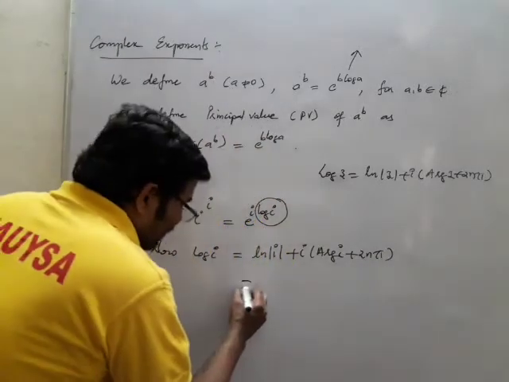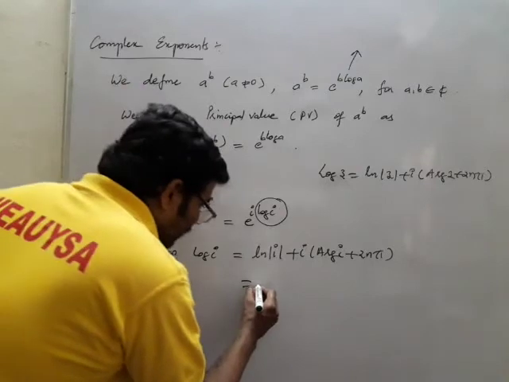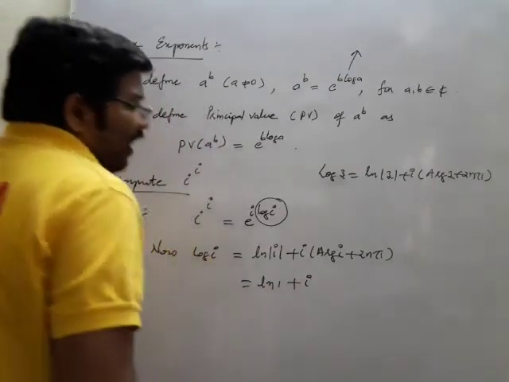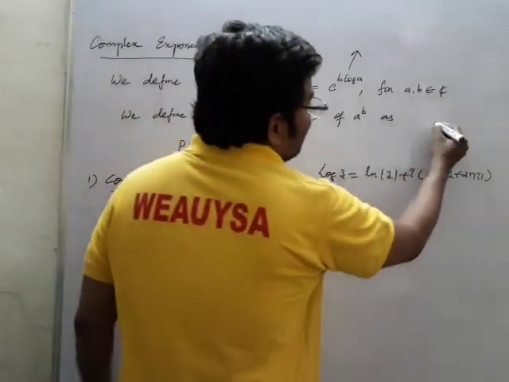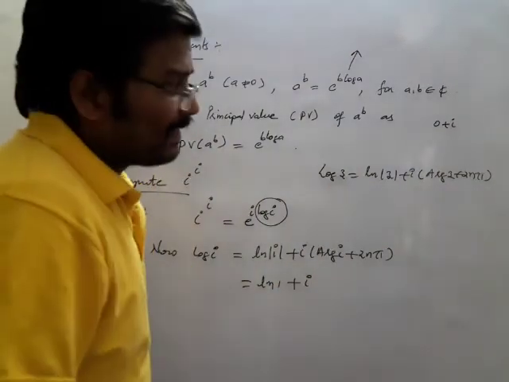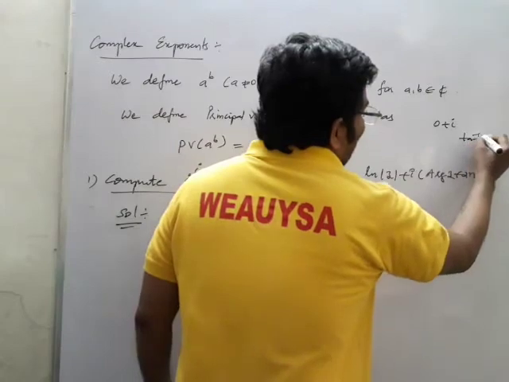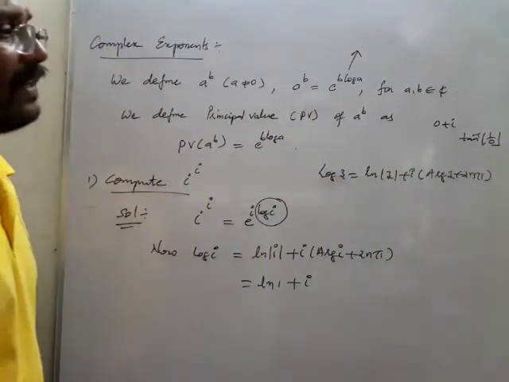Now this is ln of mod i, which is anyhow ln of 1, plus i into argument of i. i is not given as a complex number with both parts; it means 0 plus i, the imaginary part is given, the real part is not given. So tan inverse of 1 by 0, which is infinity, tan inverse infinity is pi by 2.